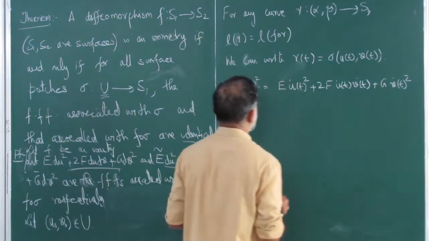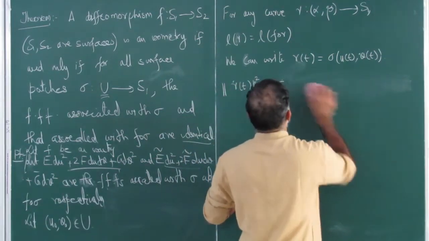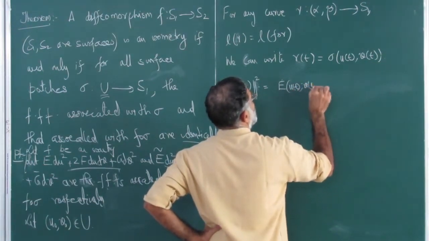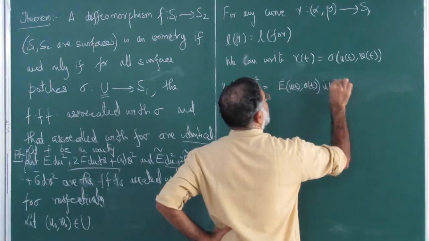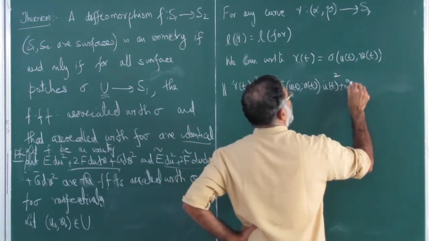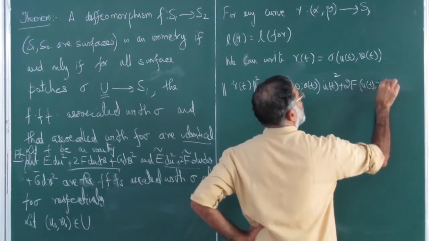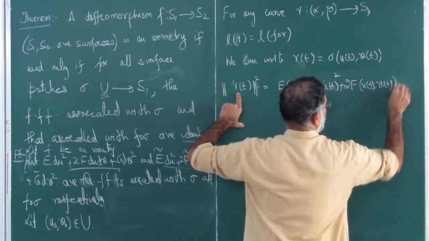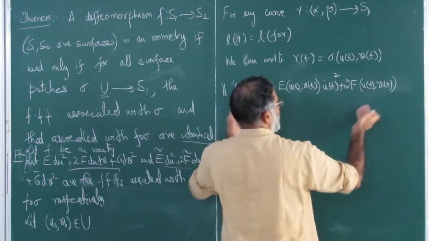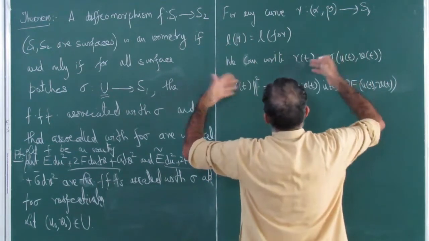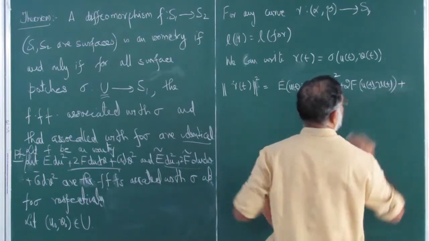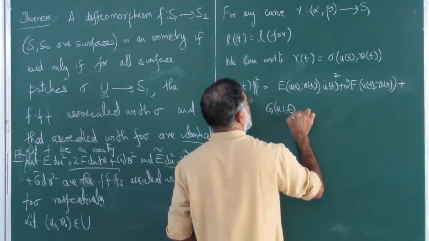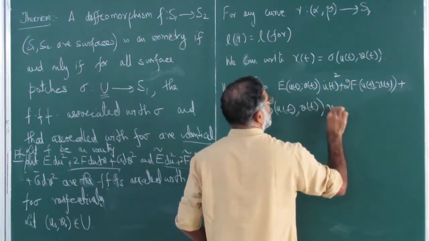At least once, I can write it: E at u(t), v(t), times u dot t square, plus 2F, again evaluated at u(t), v(t), plus finally G at u(t), v(t), times v dot t square.